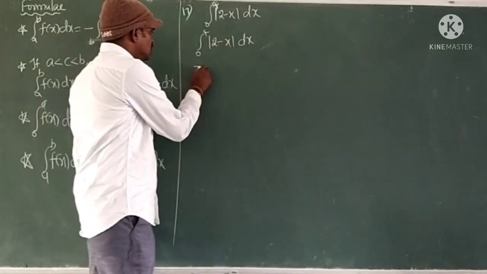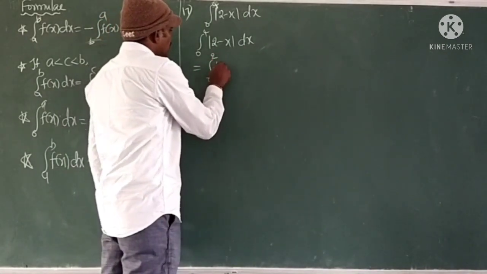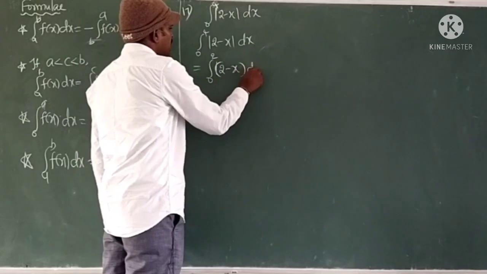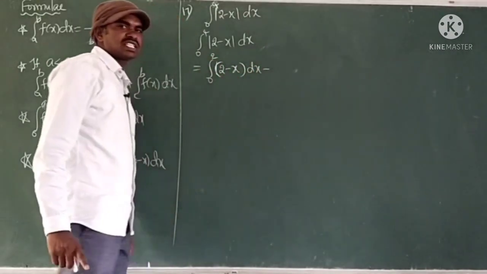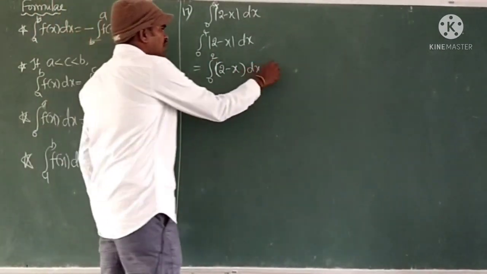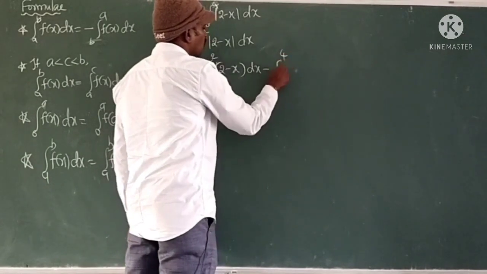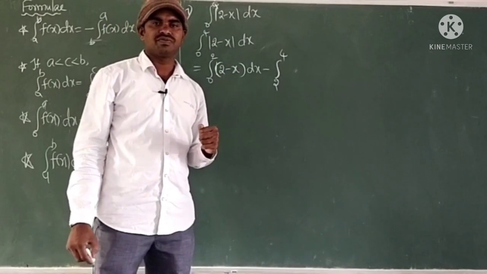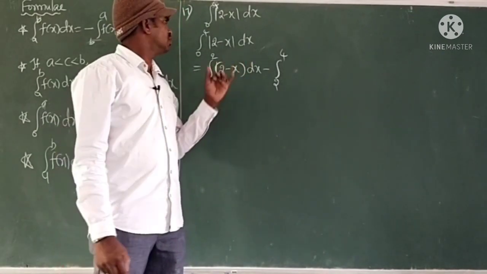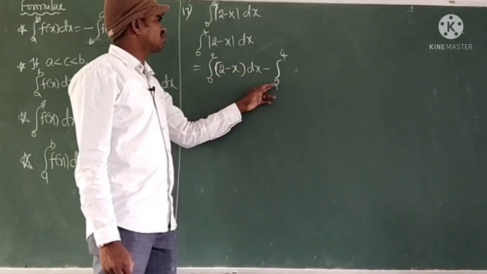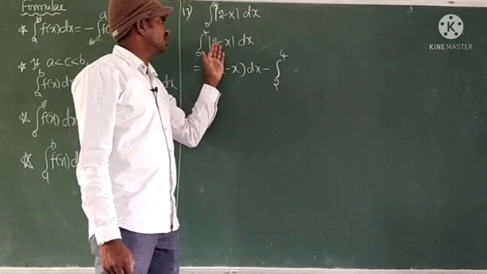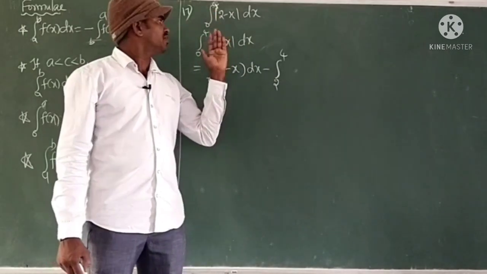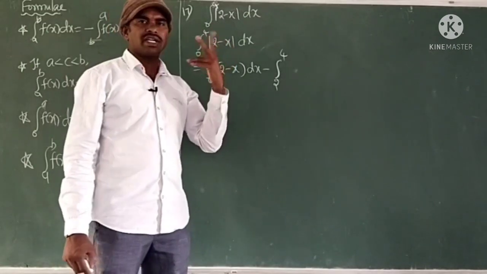So from 0 to 2 we get positive values, so we keep 2 minus x as it is, and after 2 up to 4 we get negative values. If you substitute 4, 2 minus 4 is minus 2.